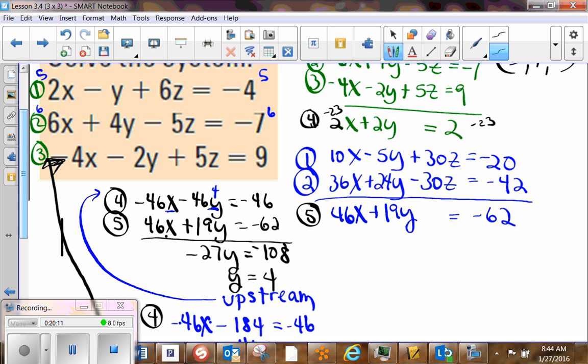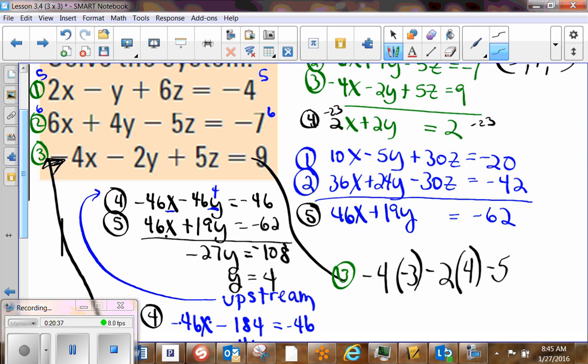So I'm taking my original number 3, and I'm plugging in what for x? -3 for x, and what for y? 4 for y. I don't know what z is.